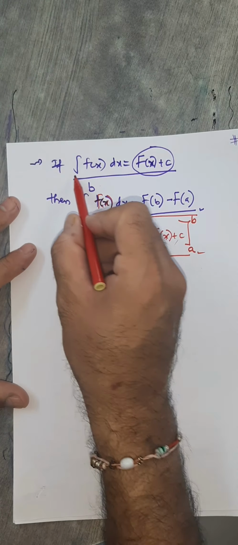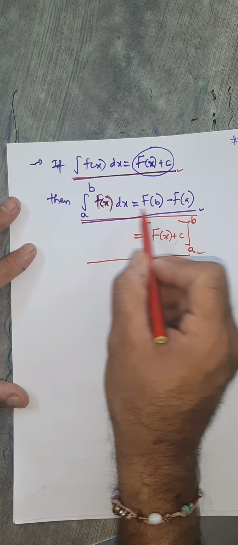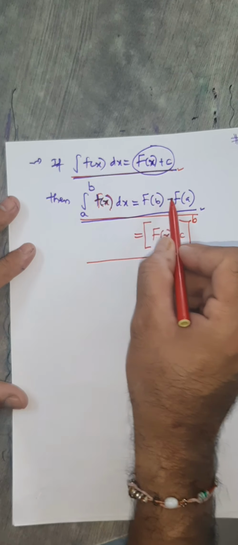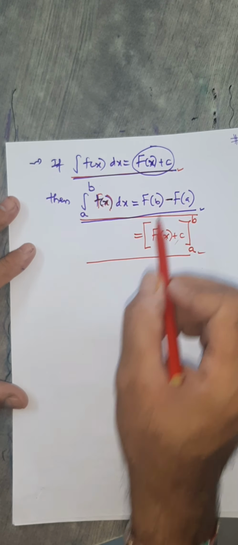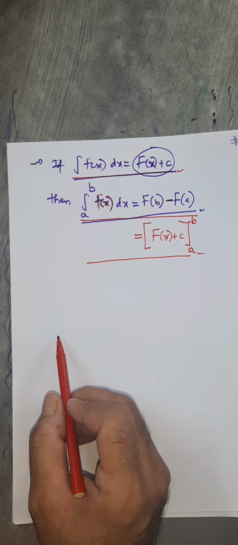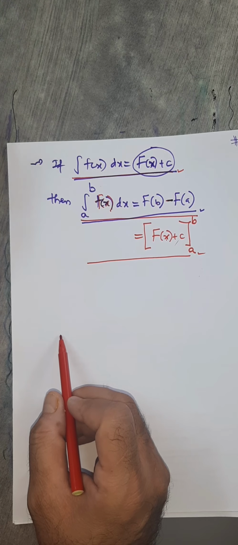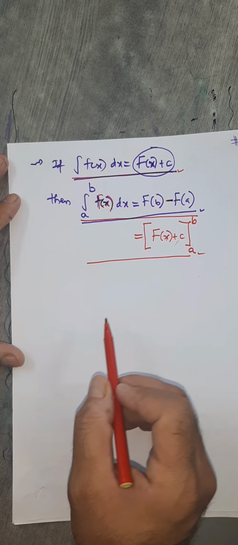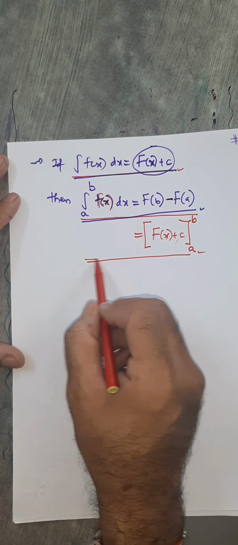You get the indefinite integral first, then instead of x you put the upper limit, minus instead of x you put the lower limit. This can be proved, remember. This is sometimes called the fundamental principle or fundamental theorem of integral calculus, which we'll see later on.